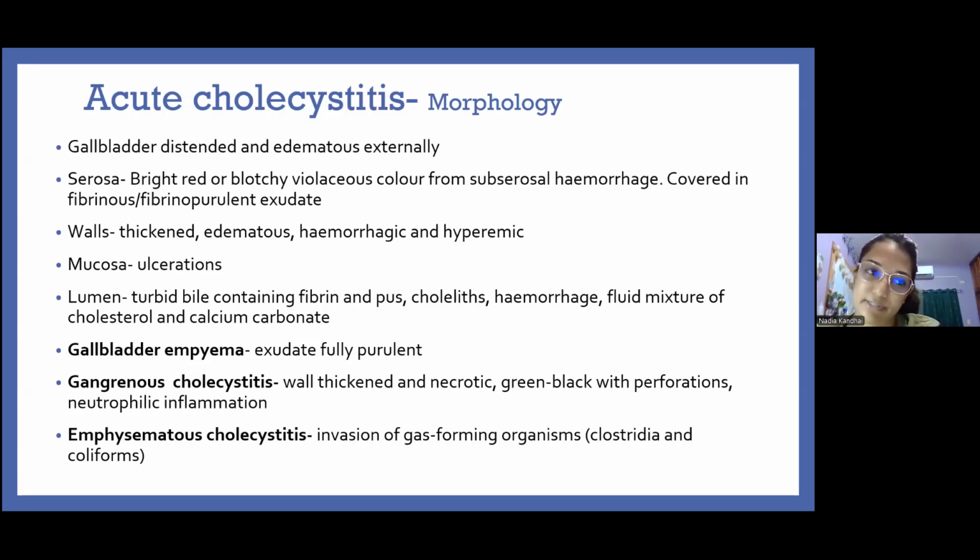In specific cases of gallbladder empyema, this turbid exudate can be fully purulent. In gangrenous cholecystitis, the wall is thickened, necrotic, and can be green-black with multiple small to large perforations, as well as neutrophilic inflammation. And emphysematous cholecystitis involves the invasion of gas-forming organisms such as Clostridia and coliforms.